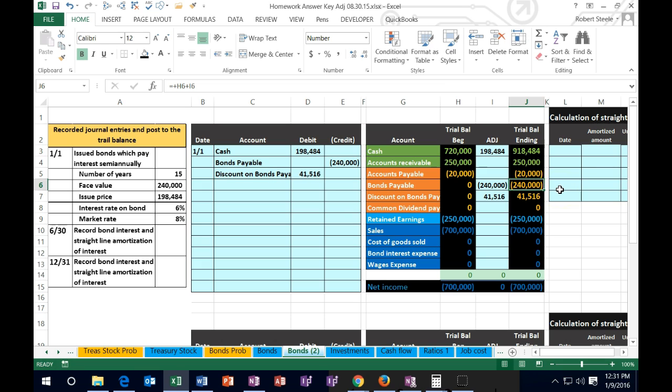We broke the bond payable out into these two sections, and what the discount really represents, remember, is the difference between these interest rates. We couldn't change the interest rate. We had to change the amount that we got paid, and therefore that difference is really the interest difference that we're going to have to account for throughout the life of the bond.